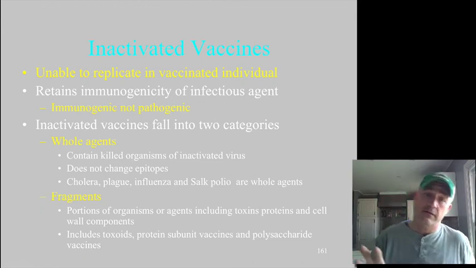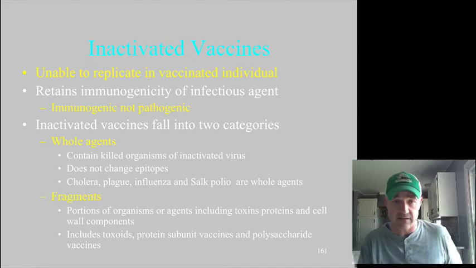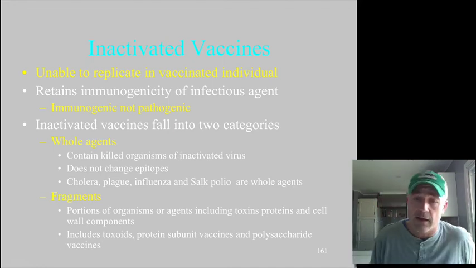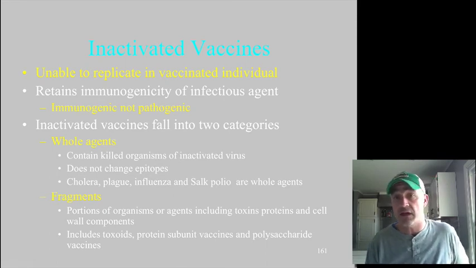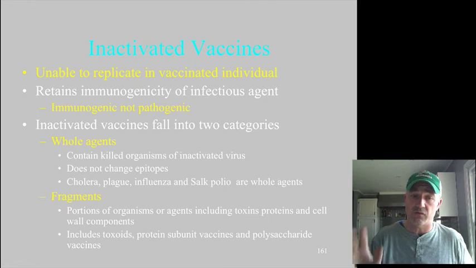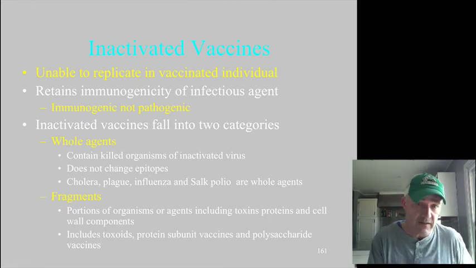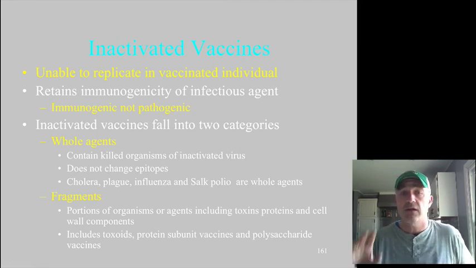And again, immunogenic means they trigger a response, but not pathogenic means that they can't replicate at all. Things like tetanus is a toxoid. You would need continual boosters of that to keep your antibody levels up. So that's one that we see is not quite as immunogenic, and you need boosters every so often in order to have that happen.